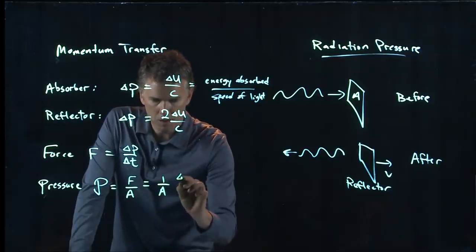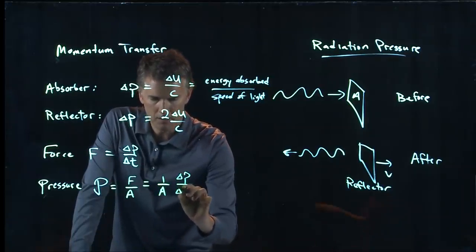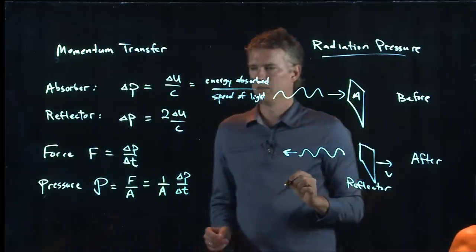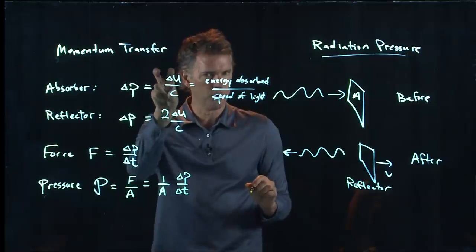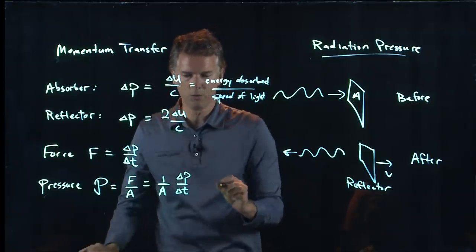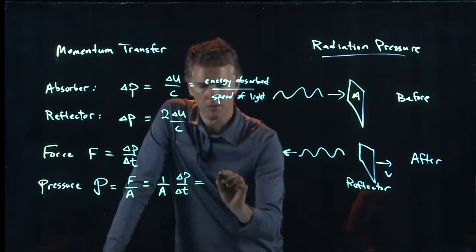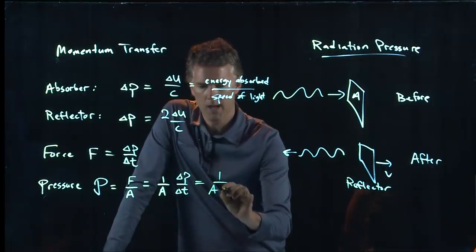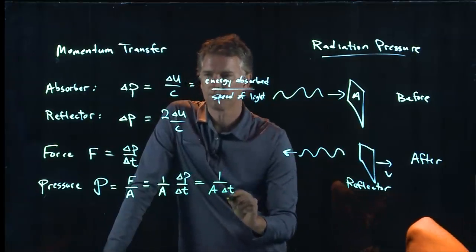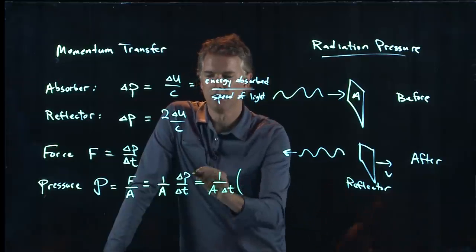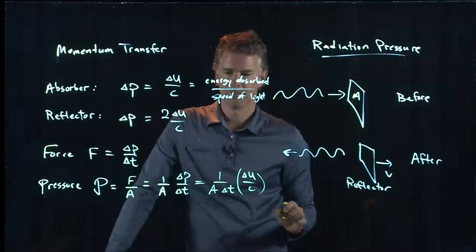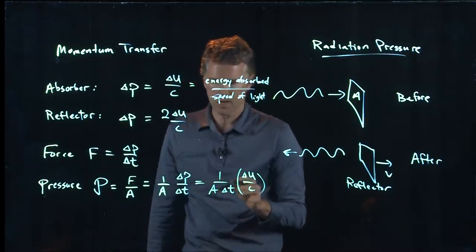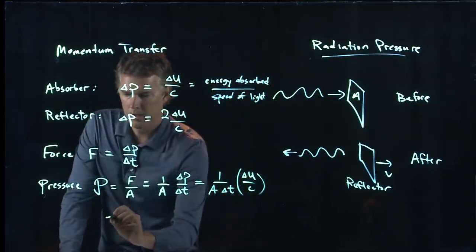Force we just said was delta P over delta T. But I know what delta P is. Delta P in the absorber case is just delta U over C. So this becomes 1 over A delta T, and then I have delta P, which is delta U over C. And now let's rearrange this a little bit.